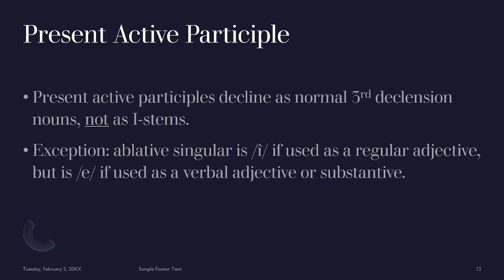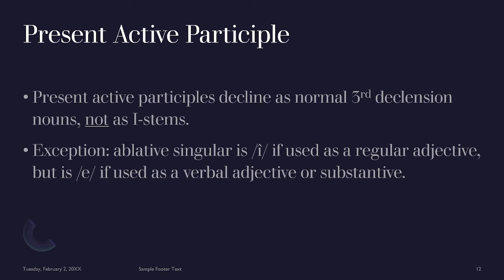It's not a rule that you really need to be super familiar with and memorize and have stored up, but I just want you to understand that there are two possible ways you'll see the ablative. And this is why you'll have those two different ways. It is a nice clue, too. If you have a participle with a long i on it and it's ablative, then you know it's being used as a regular adjective. It shouldn't have any kind of predicate.